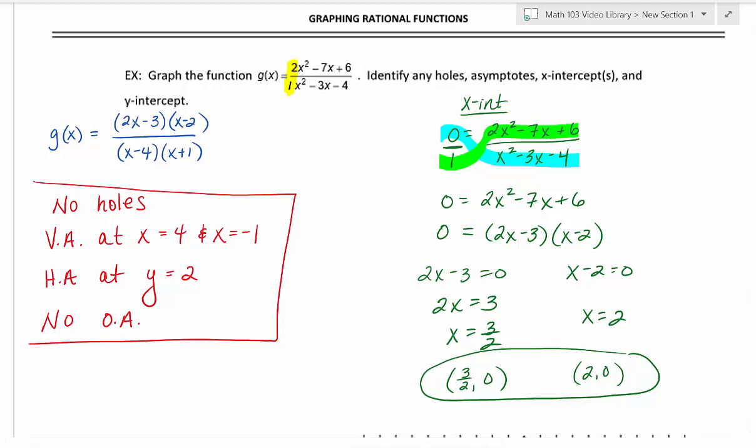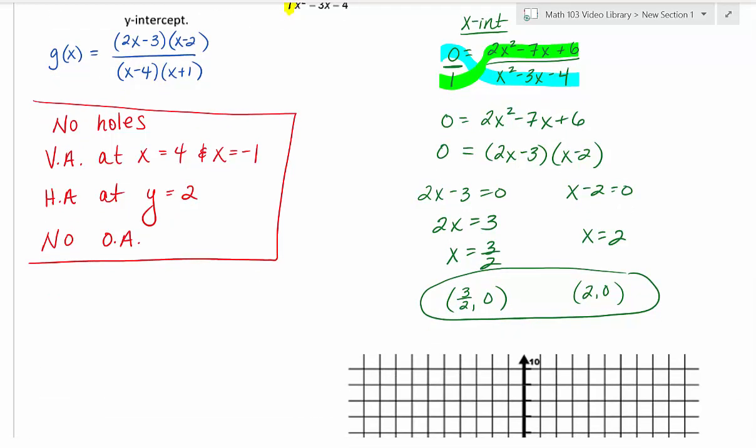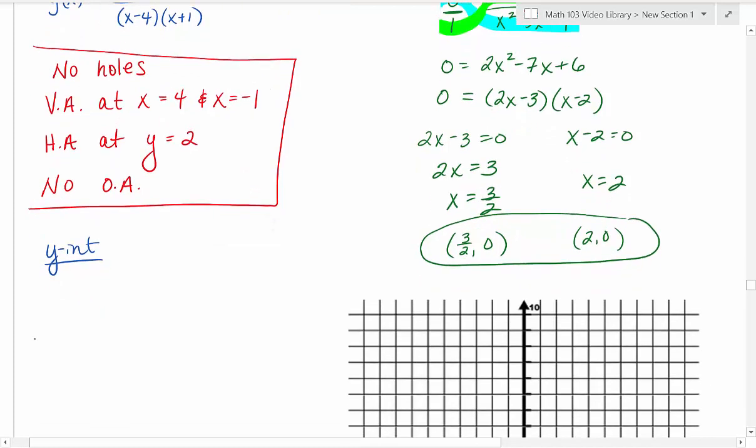Next, we find our y-intercept. To find the y-intercept of anything ever, we let x be equal to 0 and solve for y. So that's going to be 2 times 0 squared minus 7 times 0 plus 6 over 0 squared minus 3 times 0 minus 4.